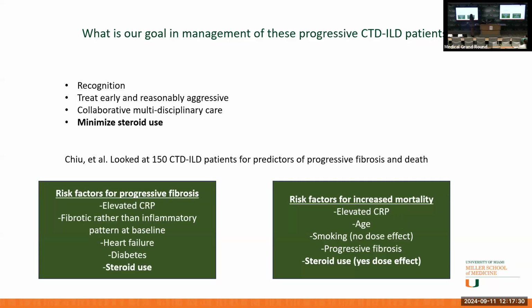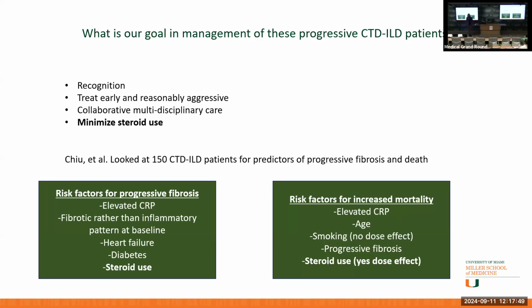And then, really interesting here, steroid use was a risk factor for both progressive fibrosis and increased mortality. If we had more than 30 minutes, I could explain the theories behind that. But when you look at this with mycophenolate or other immunotherapy, that was not a risk factor for increased mortality or progressive fibrosis.